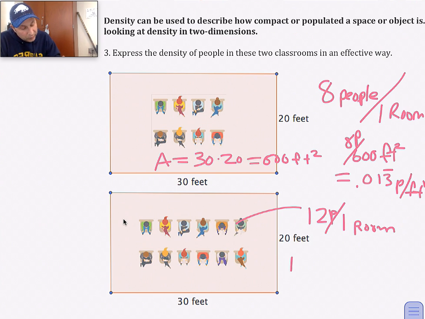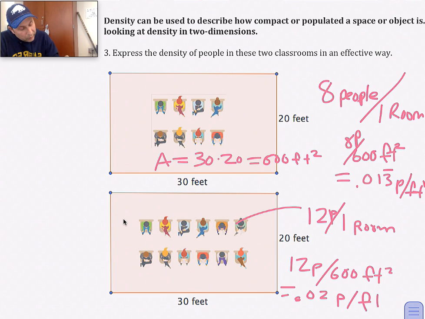Or if you did it in terms of the square feet, it's 12 people per 600 square feet of space, so the density comes out to be 0.02 people per square foot.